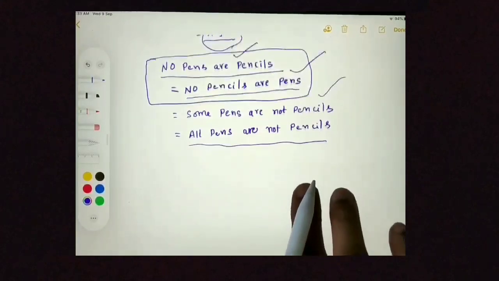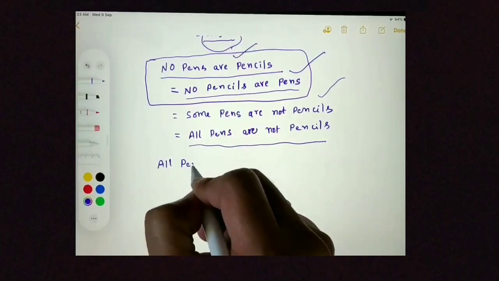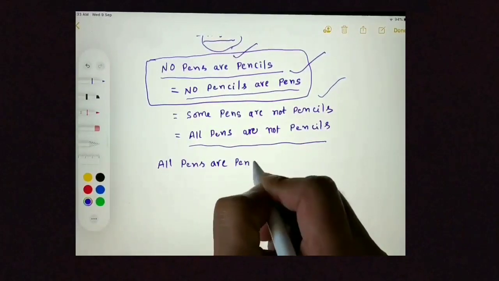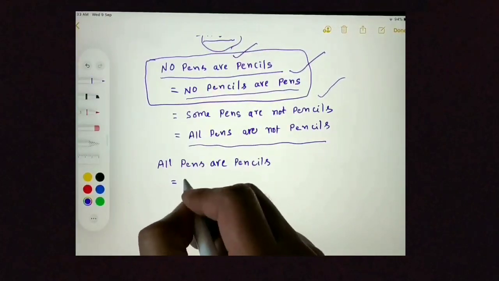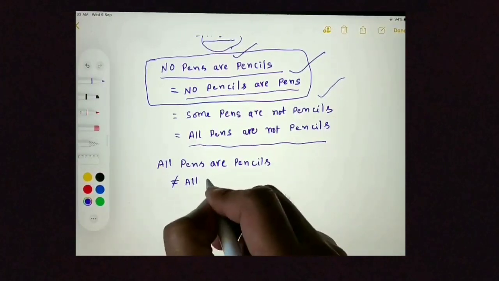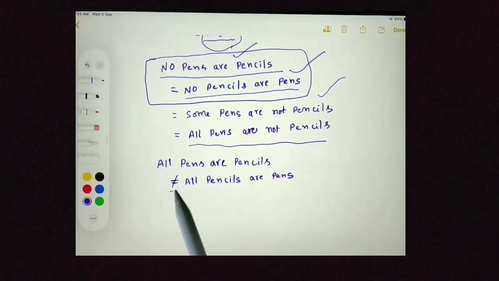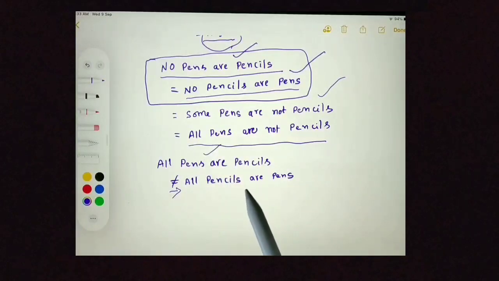Next, if I say all pens are pencils, this is not the same as all pencils are pens. Here it is not equal. You need to notice this. If this is the statement, we cannot say that the conclusion is true.